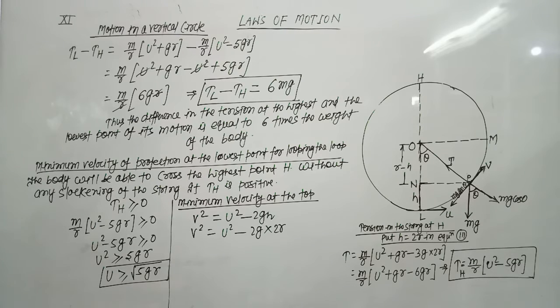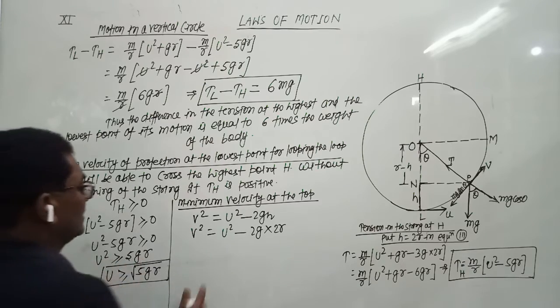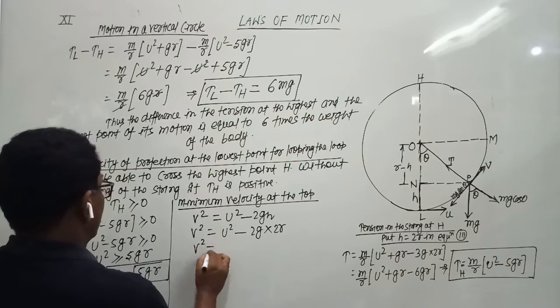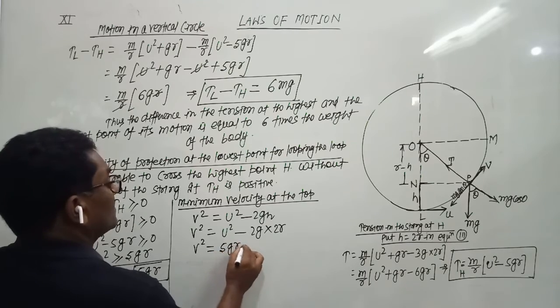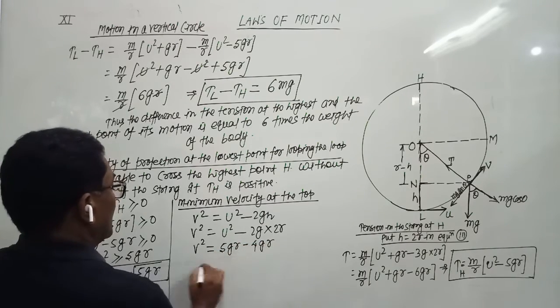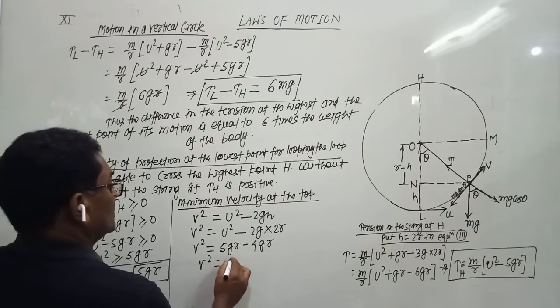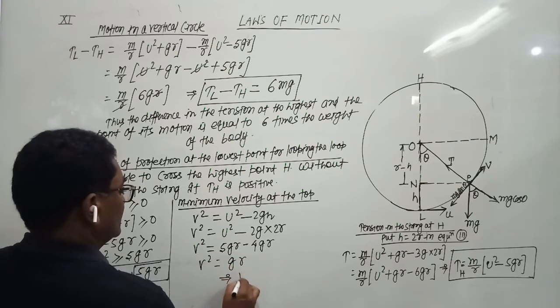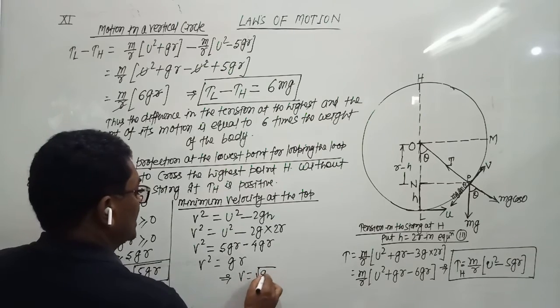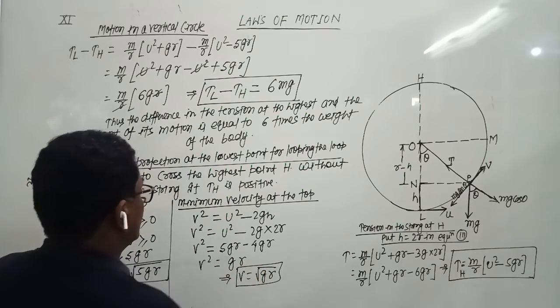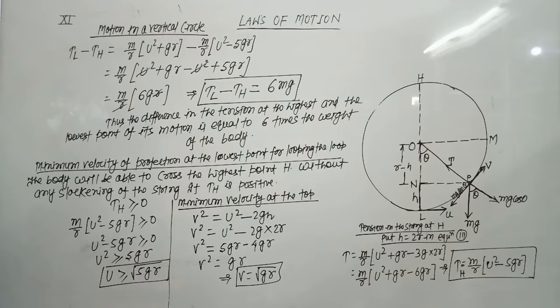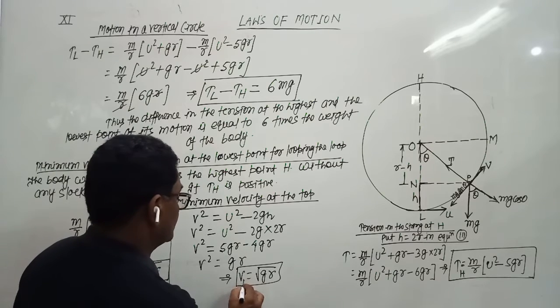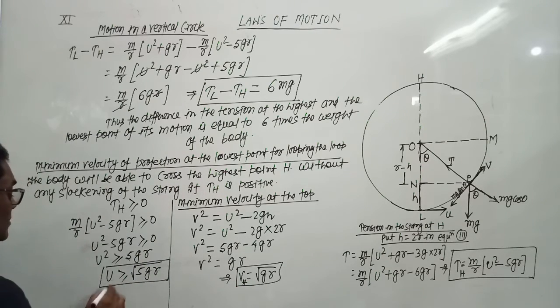So u square minus 2g into 2r, and the value of u square is taken as 5gr. So v square equals 5gr minus 4gr, and v square equals gr, and the value of v is under root of gr. So this is the minimum velocity at the highest point, vh, and this is the minimum velocity at the lowest point, ul.